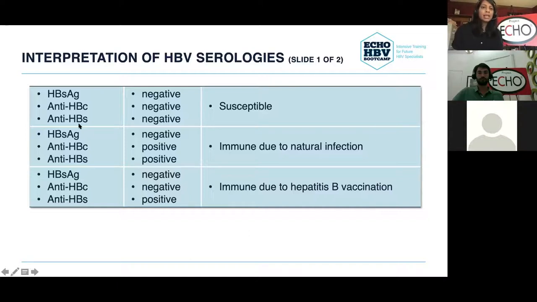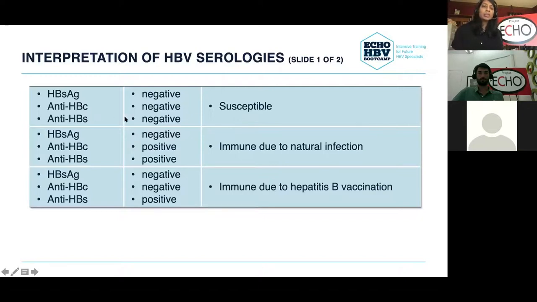So again, the screening tests we usually use in the United States, and as Jan, you mentioned in your setting, you typically check the surface antigen test, the core antibody, and the surface antibody test. These are the 3 tests that we recommend as screening tests, depending on the availability of resources and also taking into account cost. When you check these 3 tests, if all 3 of them come back negative, this means that a person is susceptible to infection, right?